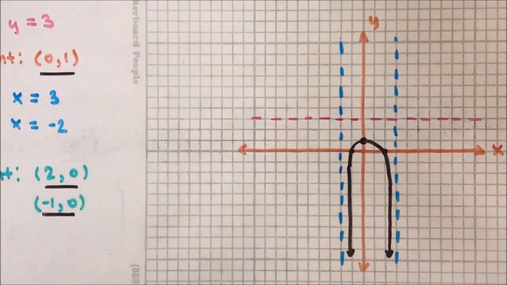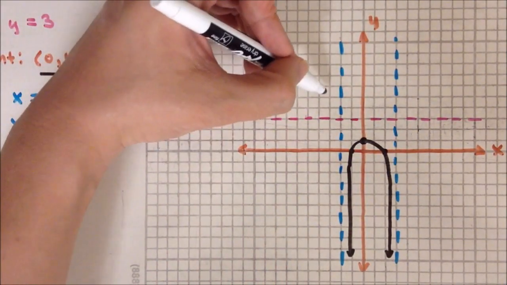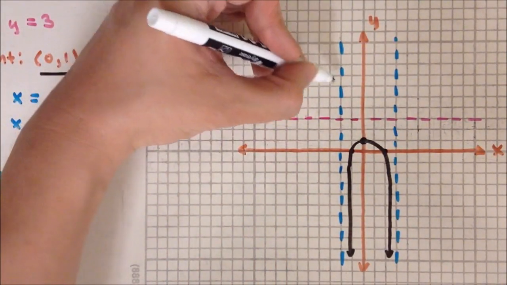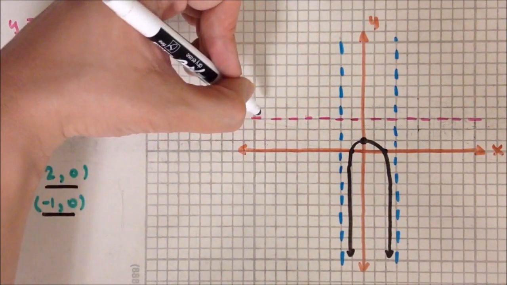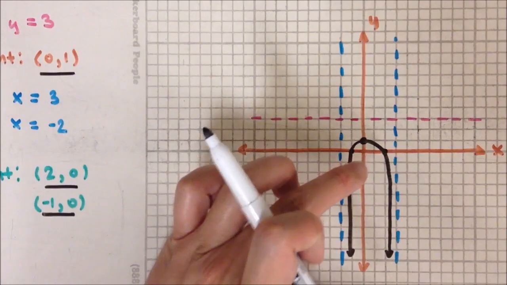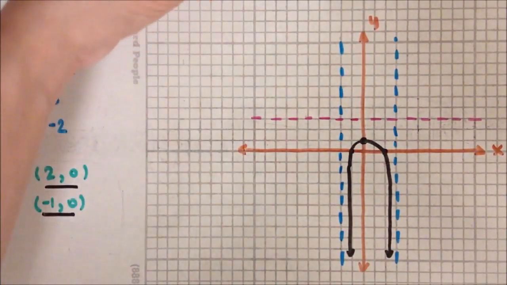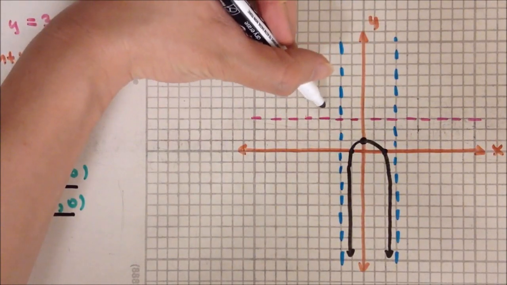Now the other side, when we're making our other graph, again, they do not cross the vertical asymptote nor the horizontal asymptote. In the middle graph, most of the time, if your middle graph is going downward like this, then your other side will go like this.